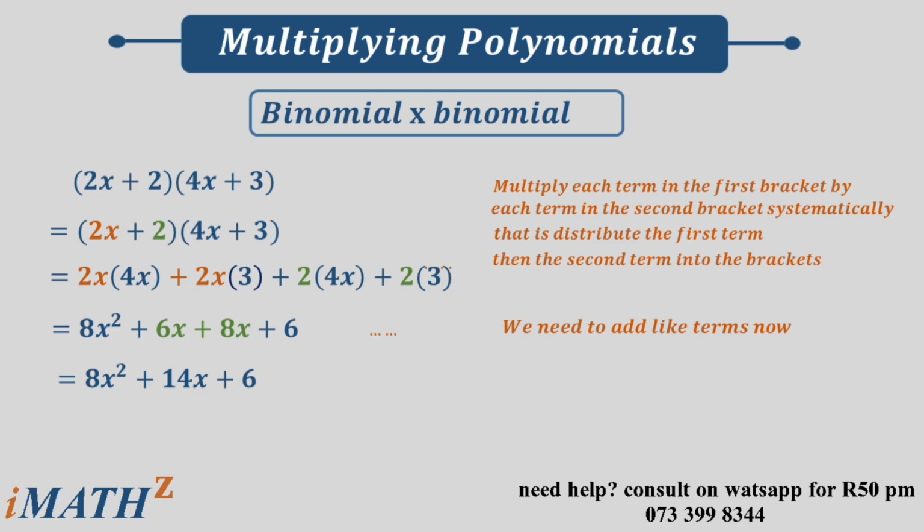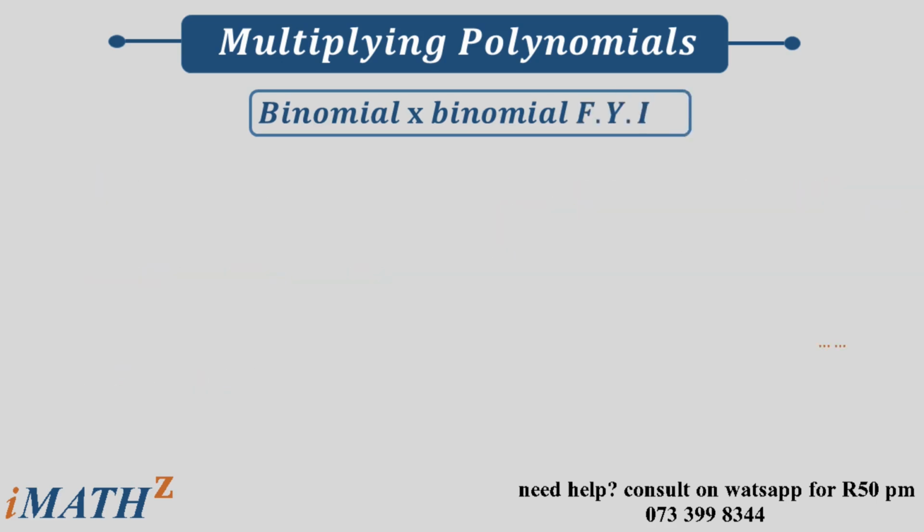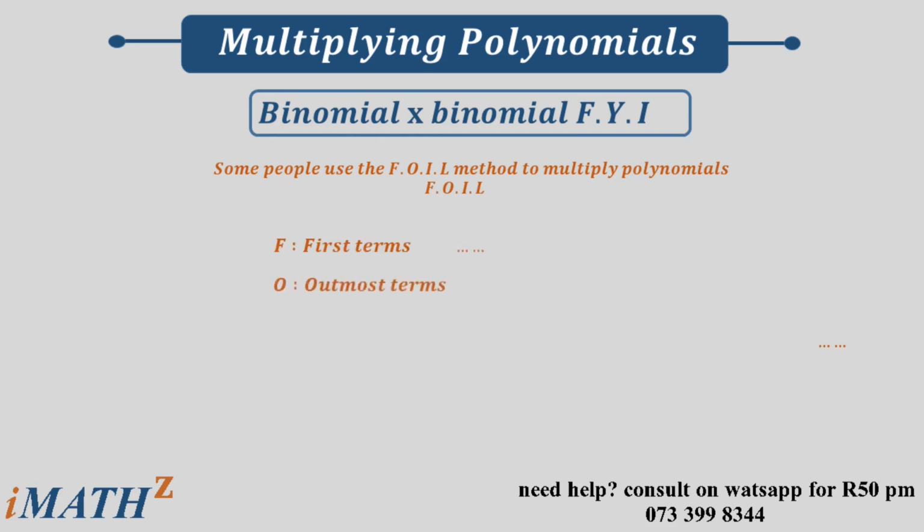When multiplying two binomials, some people use a method that is easy to remember called the FOIL method, where FOIL is simply an abbreviation, and in this abbreviation, F stands for first, O stands for outermost, I stands for innermost, and L stands for last.